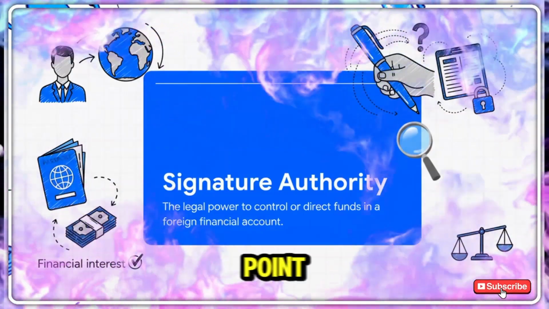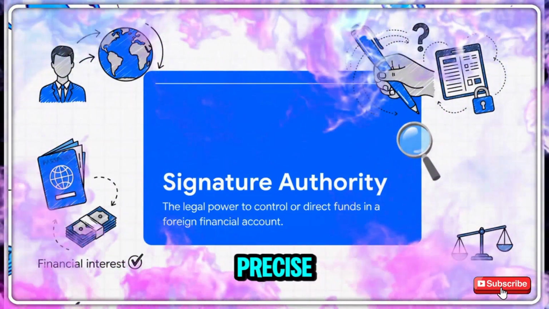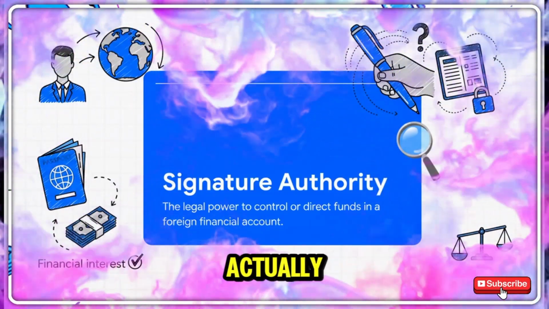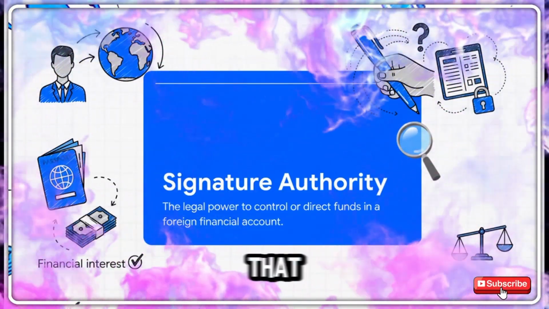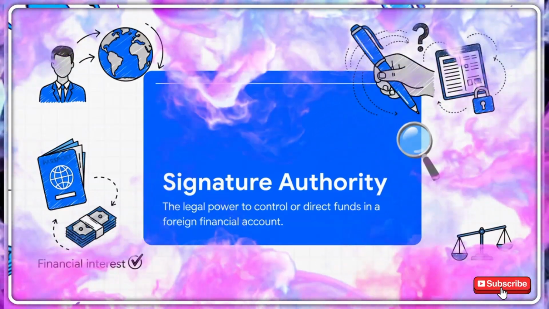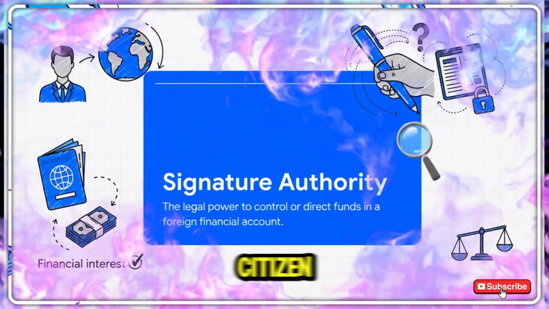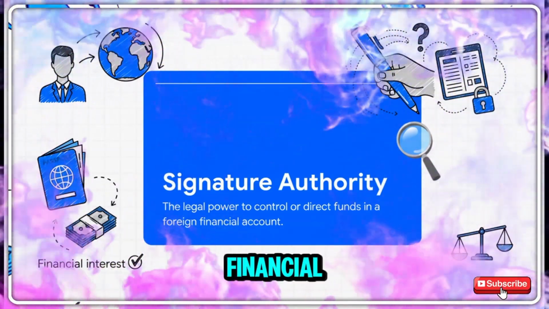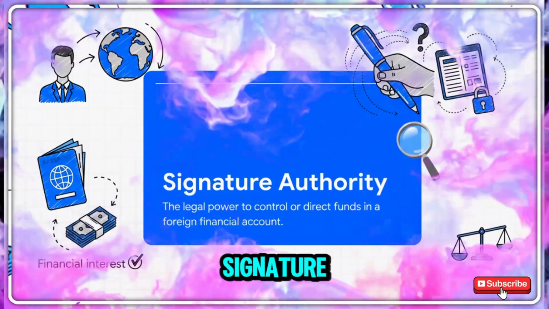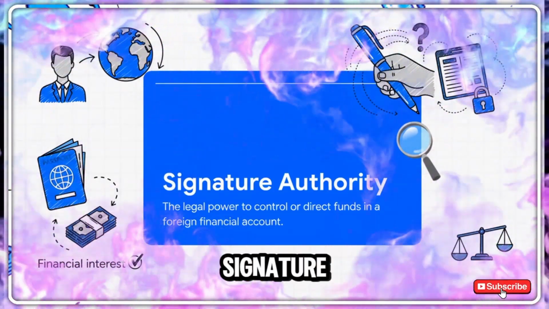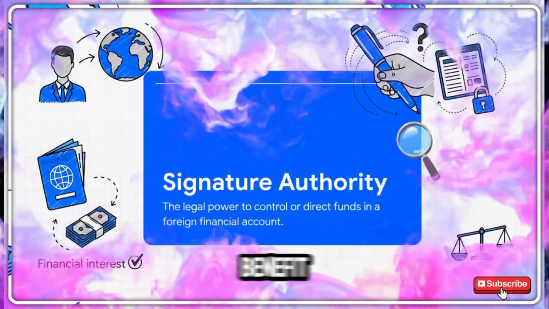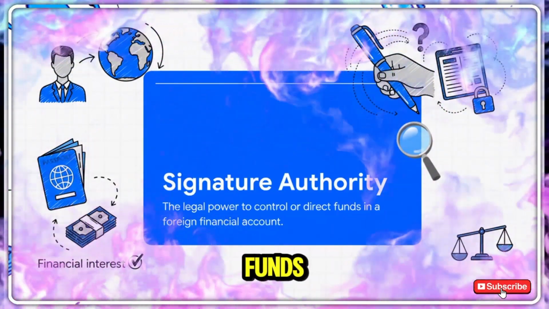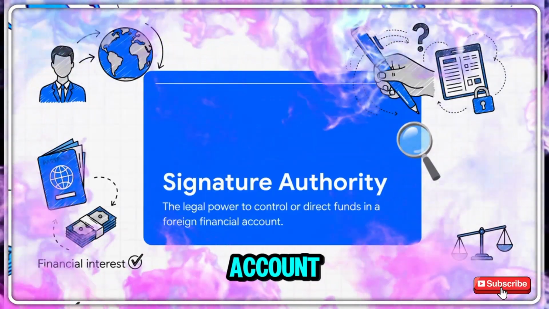So the crucial point is understanding the precise legal mechanisms that tie an individual's liability to an account, regardless of where that individual physically lives. The mandate kicks in if you're a citizen or resident and you have a financial interest or simply signature authority. And having signature authority just means having the legal power to control, direct, or benefit from the disposition of funds within a foreign institutional account.